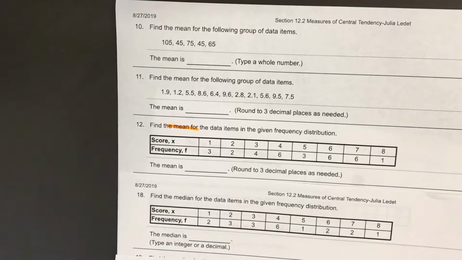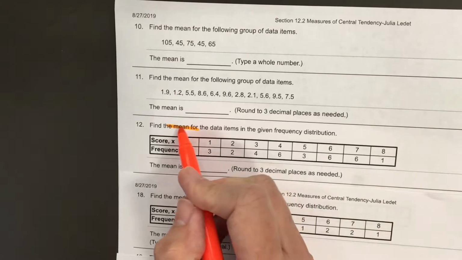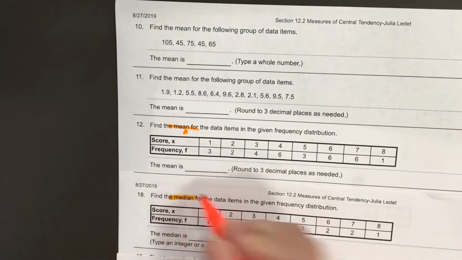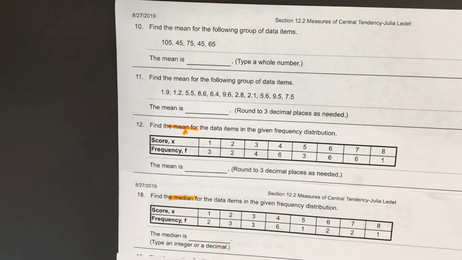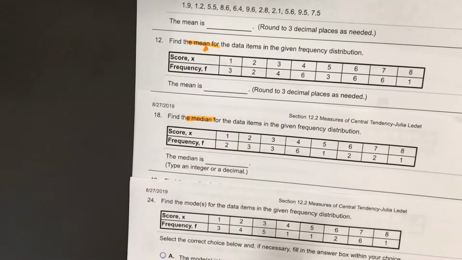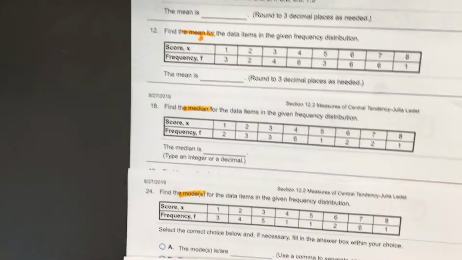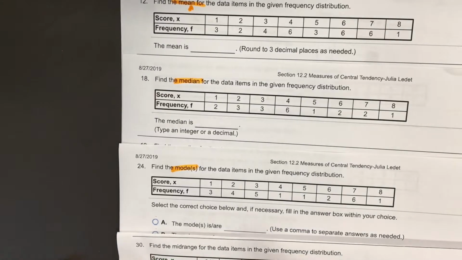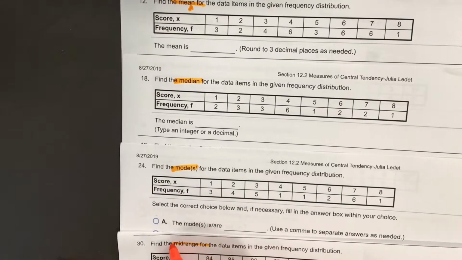And not only that, you have to read the problem and say, okay, this one says find the mean. That is totally different from find the median, even though the data items are all in the chart. That's different from find the mode. And that's different from find the mid-range.